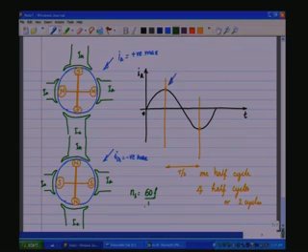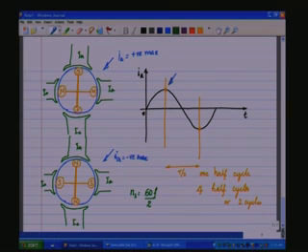If there are two pole pairs, 2 cycles of this one are needed to make one complete mechanical revolution. So the mechanical synchronous speed is 60 F by 2. And if there are 3 pole pairs, it becomes 60 F by 3.